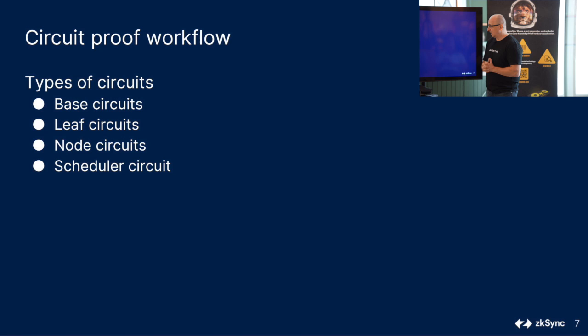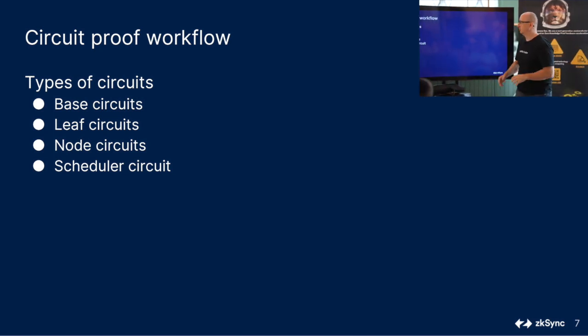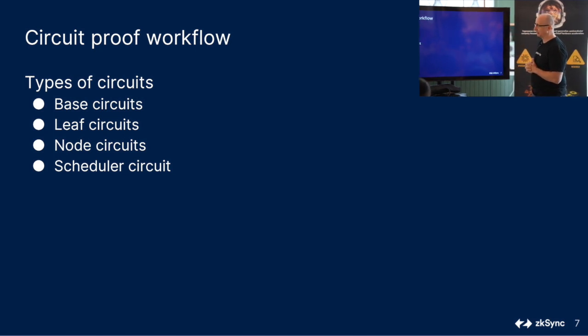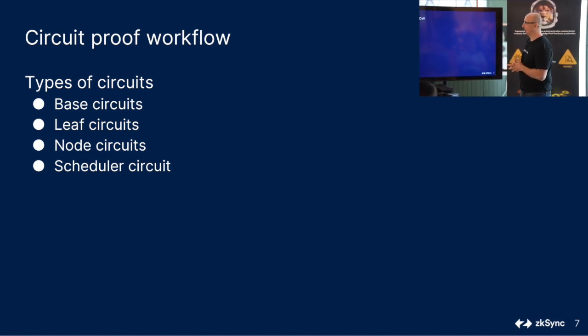And finally, we arrive at the scheduler circuit, and this one is different. All these previous circuits are the Boojum circuits with FRI. We can say Boojum is a STARK prover.